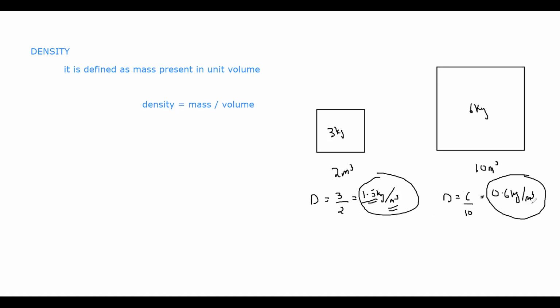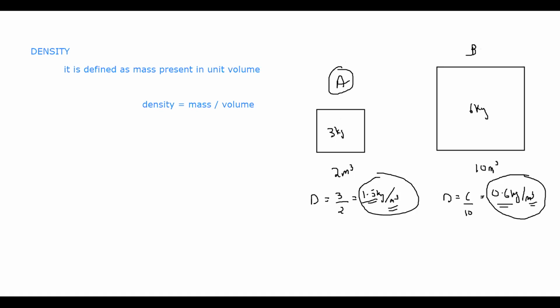If you have 1 meter cube volume, how much mass is present? 0.6. So which object is denser, or which object having more particles or more matter in a unit space? Object A is having a greater mass or greater number of the particle in a unit space. So density is simply the mass which is present in a unit volume.